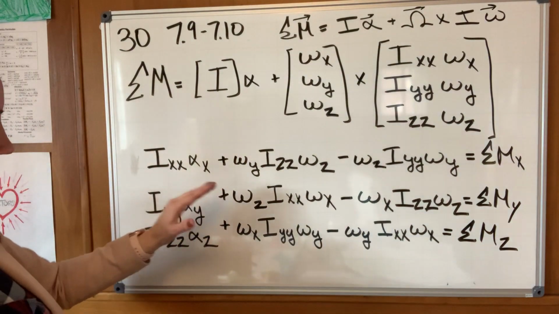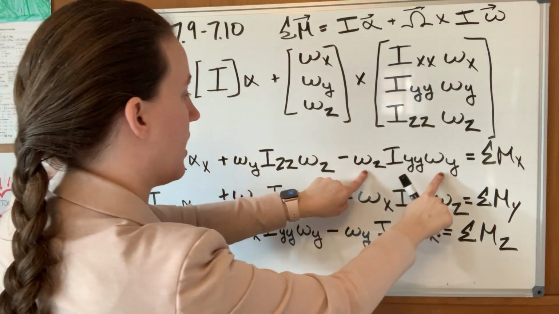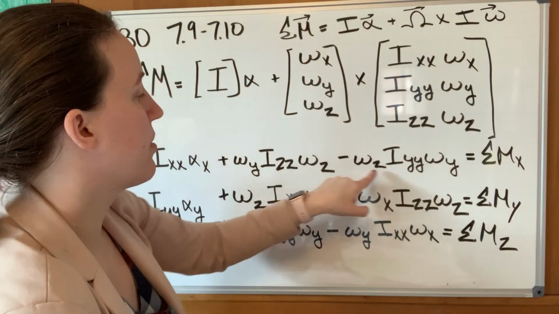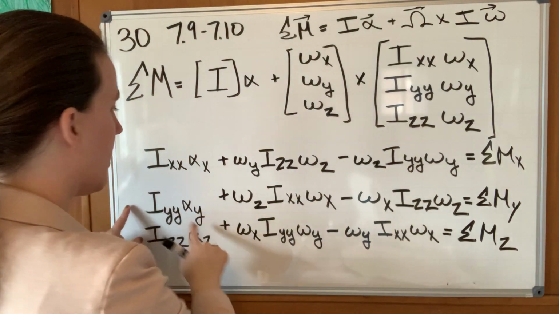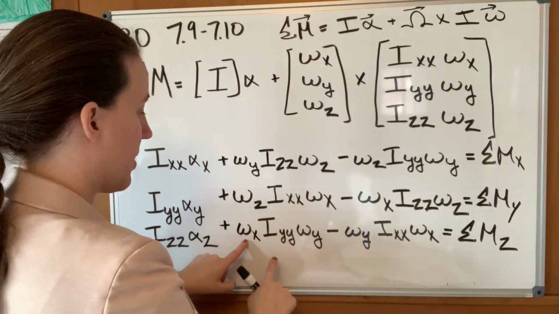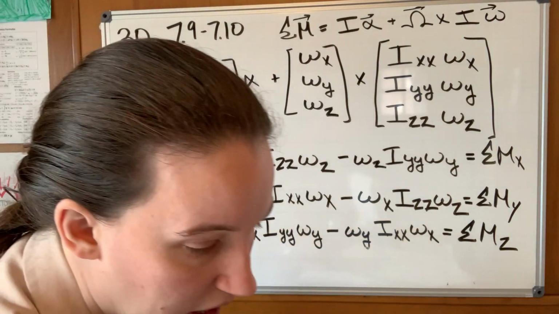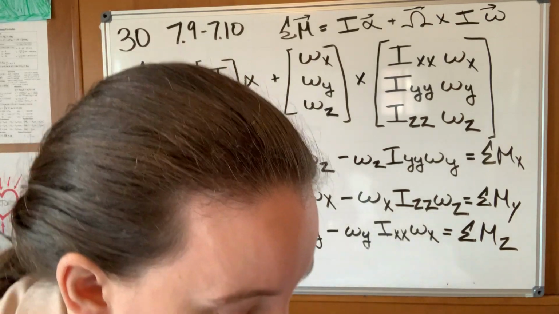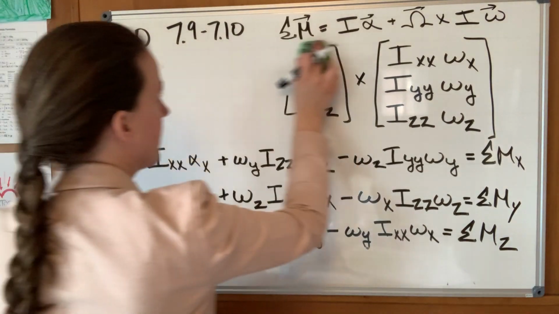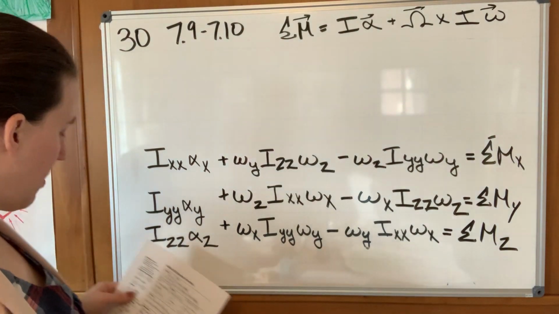Now, if you take a look at these equations from the cross products, you'll notice that this term and this term are both multiplied by omega y, omega z. Here in the y direction, we've got omega z, omega x, and similarly omega x, omega y here. So these terms can actually be simplified. Here's where it would be nice to have a bigger board, but we'll just erase this and couple up these terms.